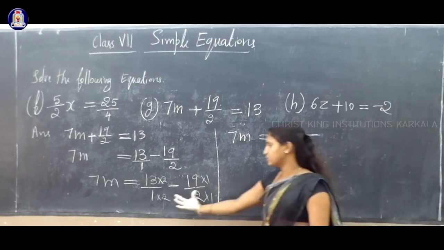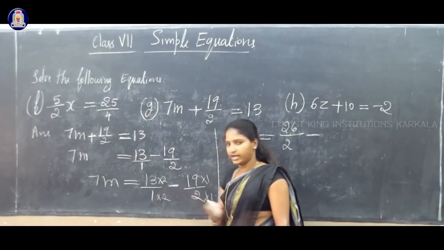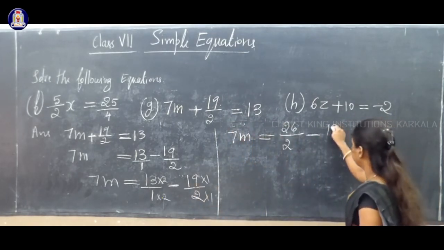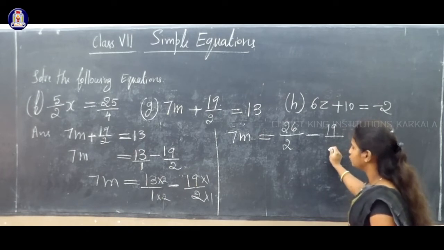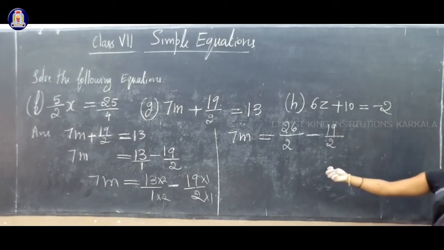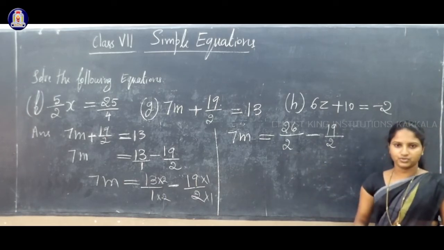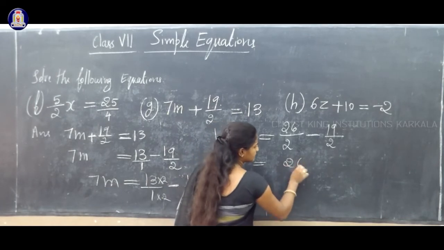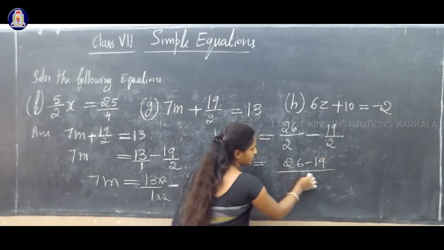In between these two numbers there is a sign, that is a minus. Clear? So minus 19 1s are 19 and in the denominator 2 into 1. What is 2 into 1? 2. So now see the denominator. Denominators are same. So now we can write this as 26 minus 19 divided by 2.